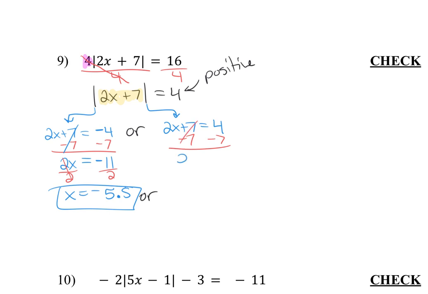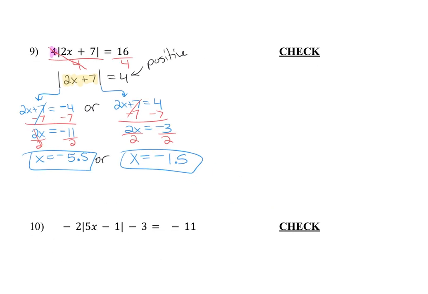But does it give us the same number? No. Why doesn't it? Because it's a +4, not a -4. So what's 4 minus 7? -3. Good. Then are we still dividing by 2? Yeah. Okay. And so x equals -1.5. Awesome. We got 2 answers to check.